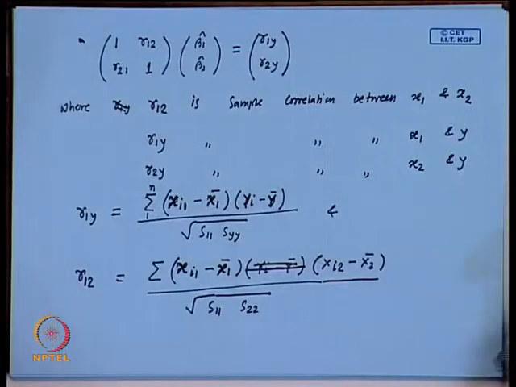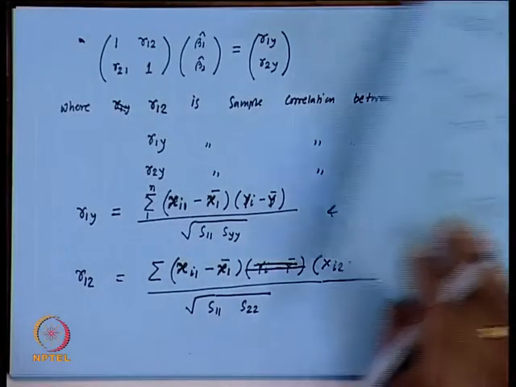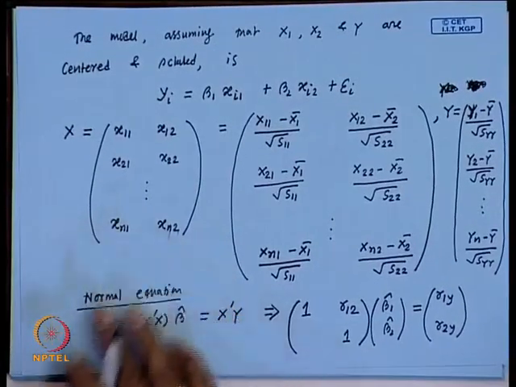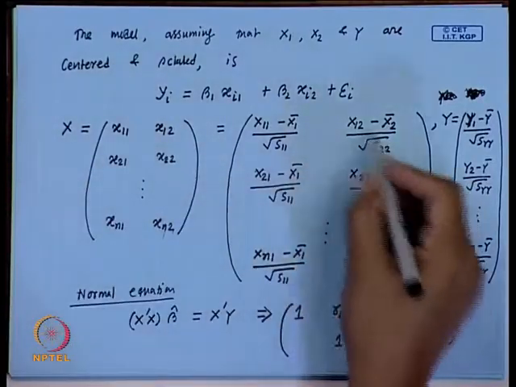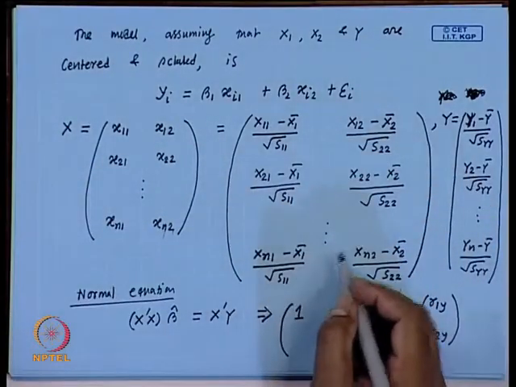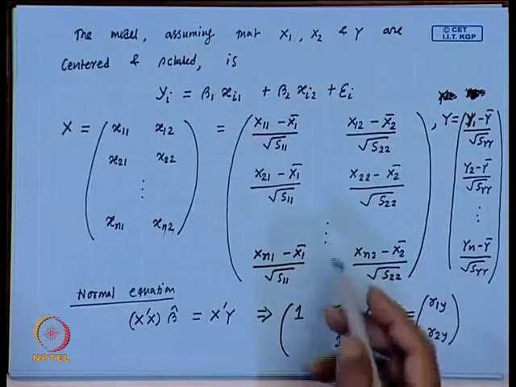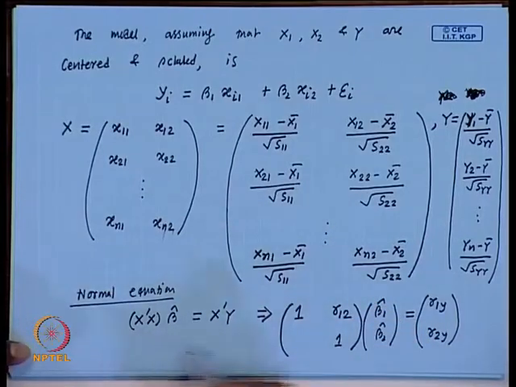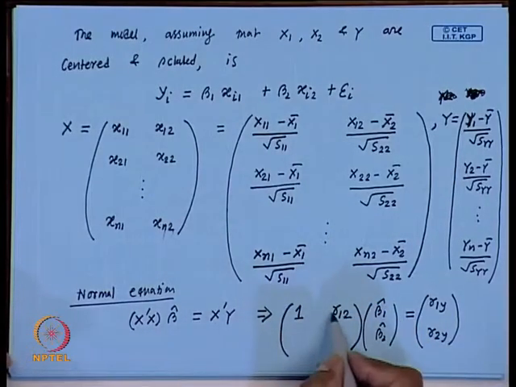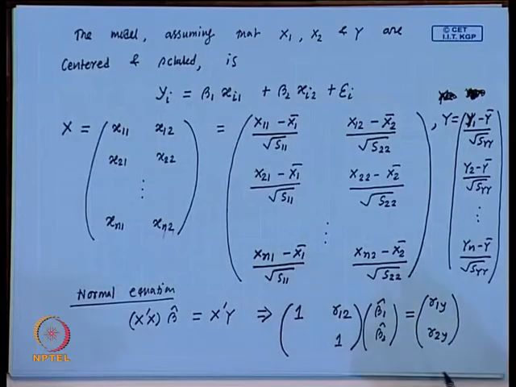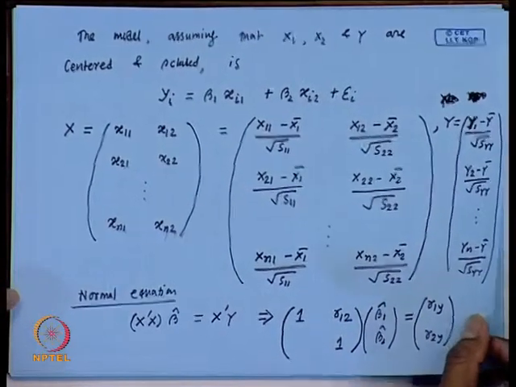Okay. So, you can check with the original X matrix now. This is the X matrix for the transformed data, and then you can check why X prime X is equal to this. You know what r_12 is and what r_1y, r_2y are.